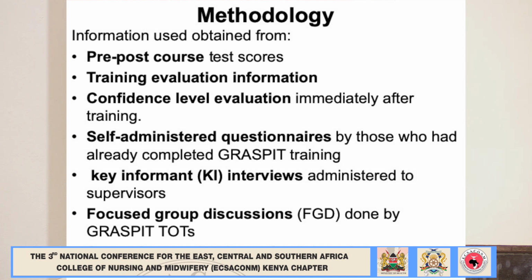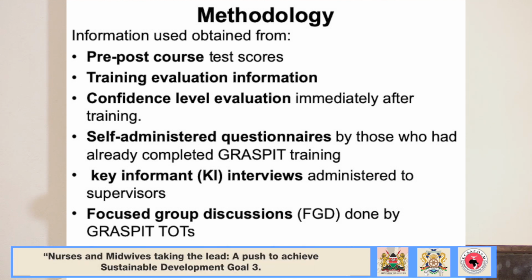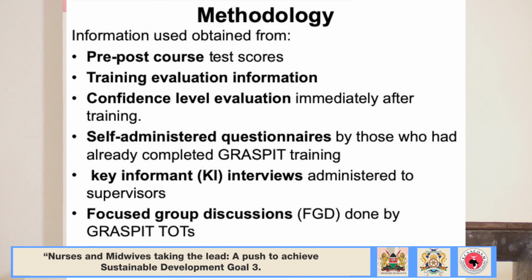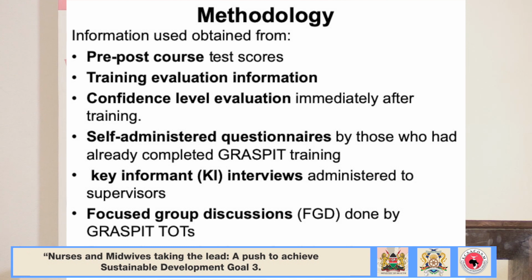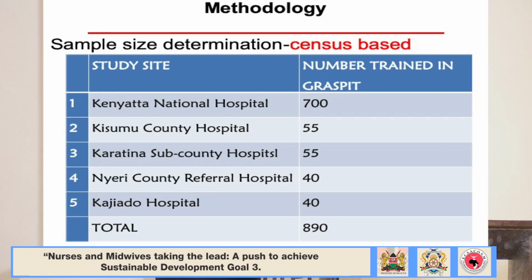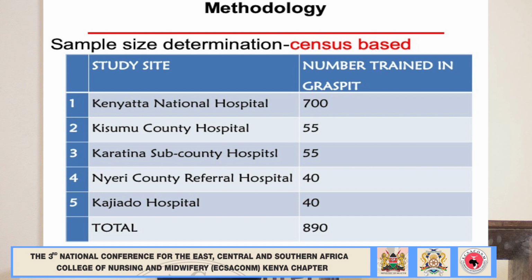We also had the key informants, we had focus group discussions, and we also had the supervisors of the people that were trained giving us an evaluation of what they thought regarding the performance of the people that had been trained. And these are the numbers that we were looking at. Ours was census-based. We just looked at it in totality. And you can see the response rate was quite high for most of them.